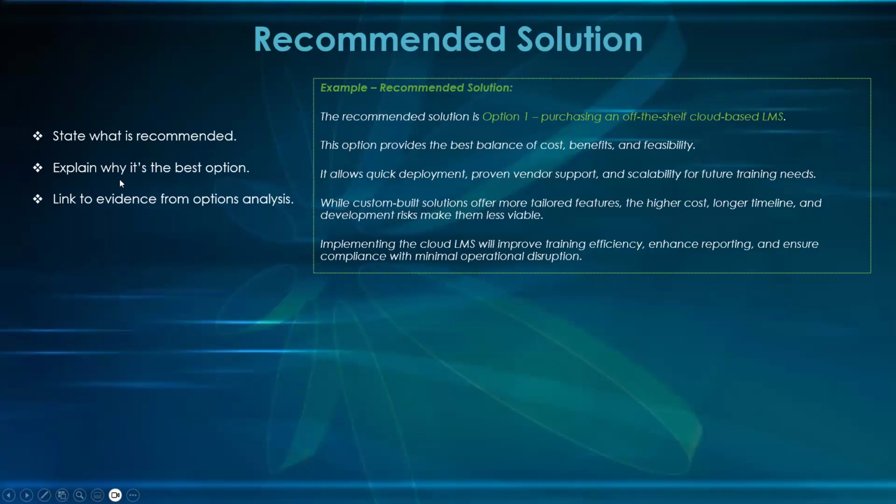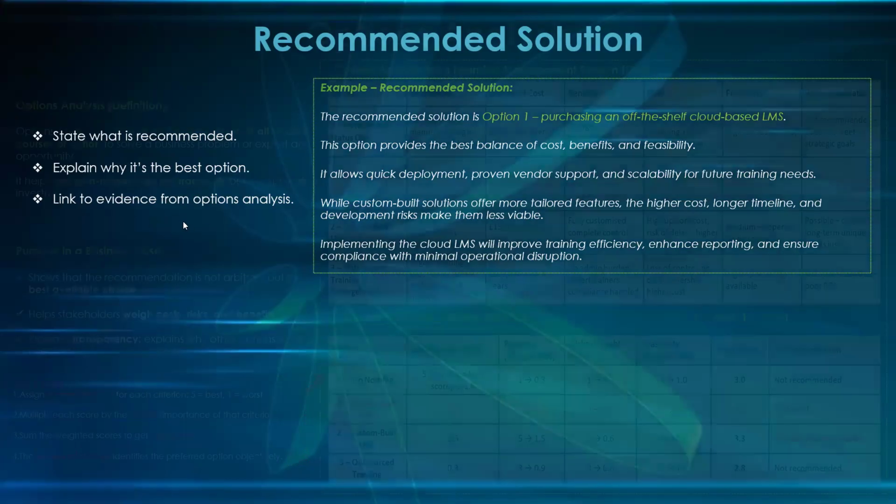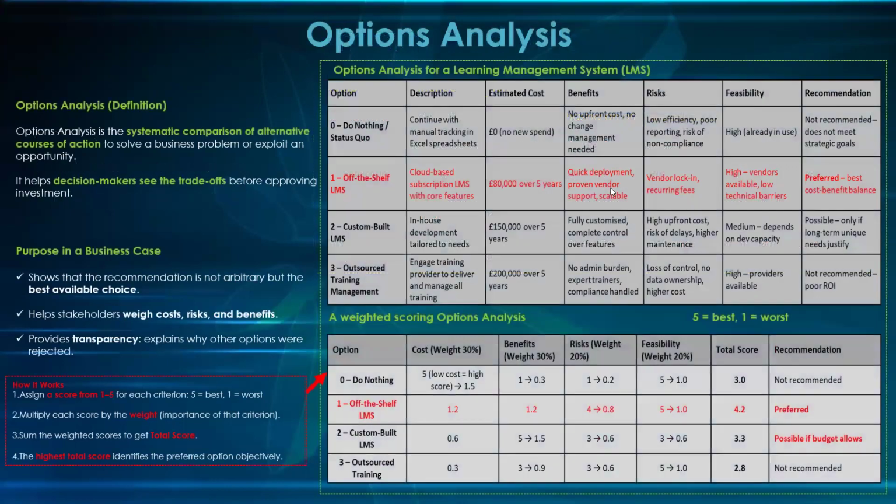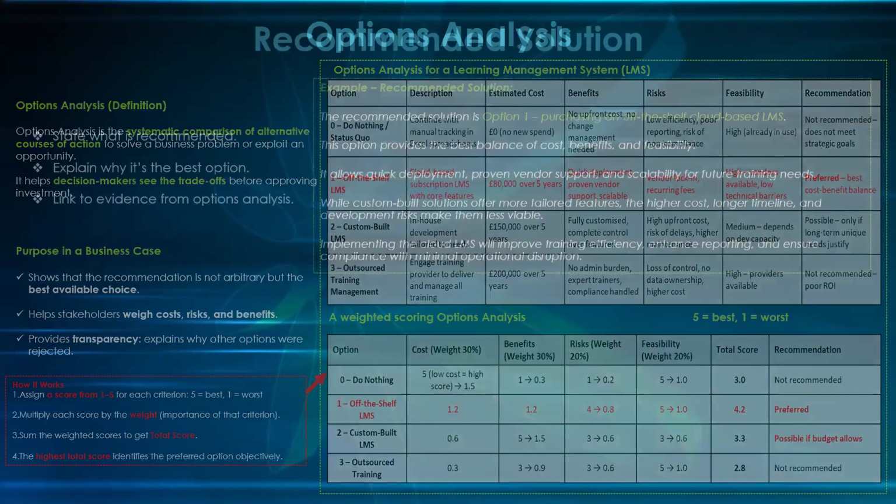You explain why it is the best option, and you link the evidence. That's everything you have here. The best option, the recommendation, is the second one, which is off the shelf. Then based on this breakdown, they know how you arrived at your recommendation.